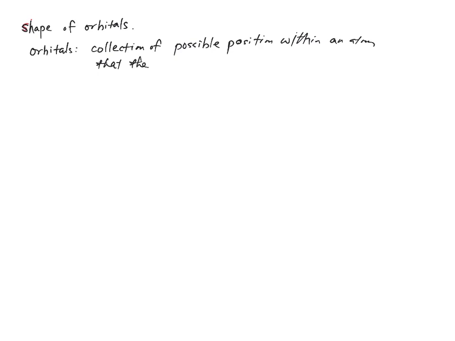Each orbital, these orbitals, they're kind of a collection of possible positions within an atom that the electron can be located.